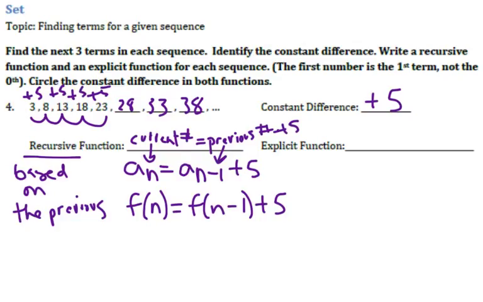You could do it that way. That's kind of crazy notation. But the thing we have to also note is where we're starting. We have to figure out where we are starting. So for this top one, we'd say a sub 0 equals 3.